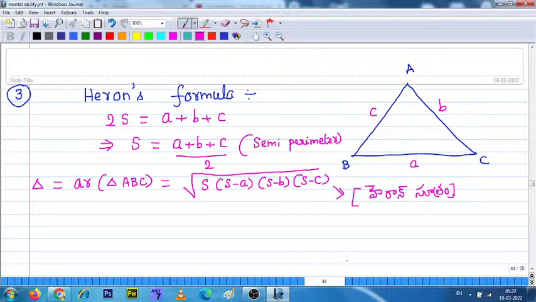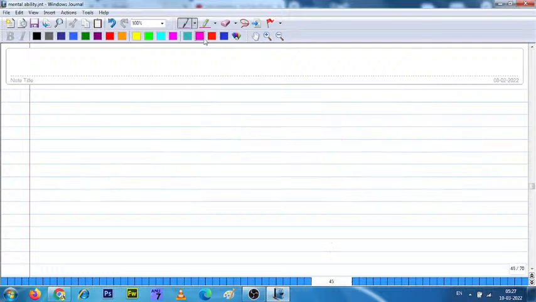Next, let us move to a very important thing now. Area of the equilateral triangle. If all the sides are equal. సమబాహు త్రిభుజము యొక్క వైశాల్యం.